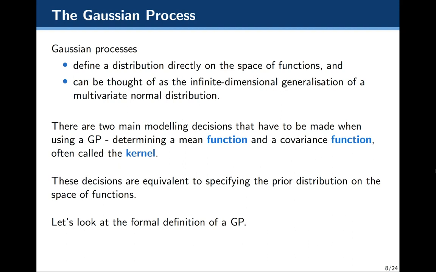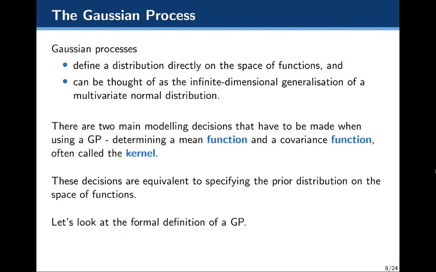So if you're fairly certain about the form of the function you're trying to estimate, you can incorporate that into the mean and kernel for the GP that you're using. And if you're fairly uncertain, you can do the same thing. You can say, well, I'm not too sure about what this function is going to be, so let me choose a mean and kernel that are fairly uninformative.